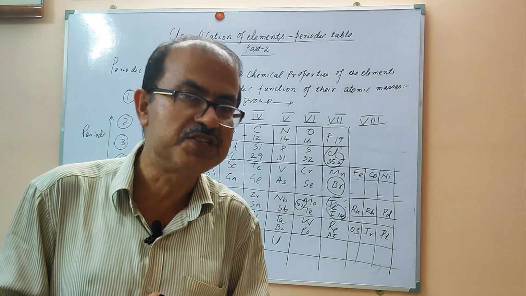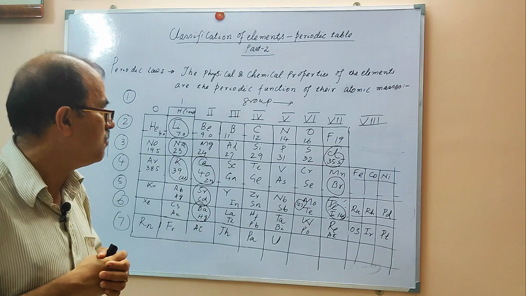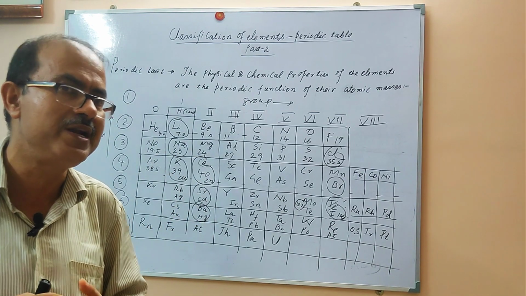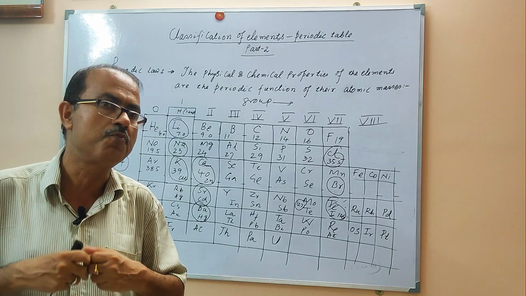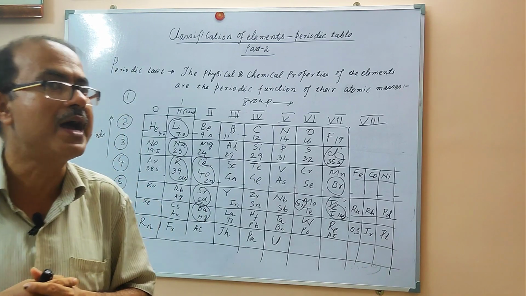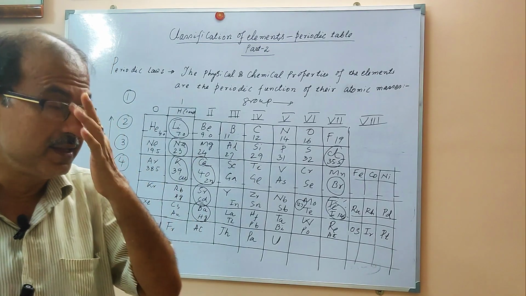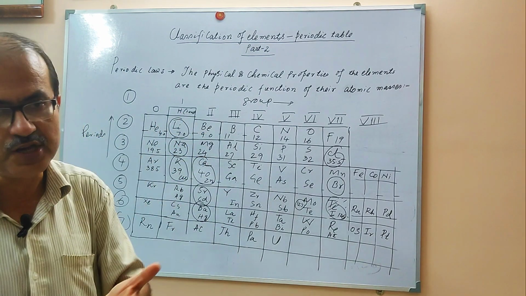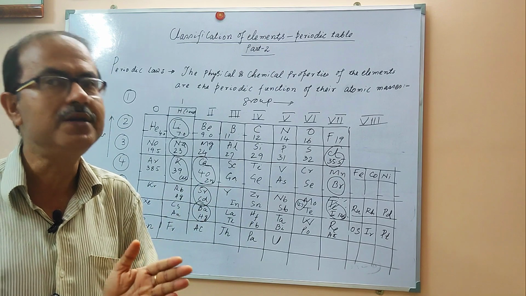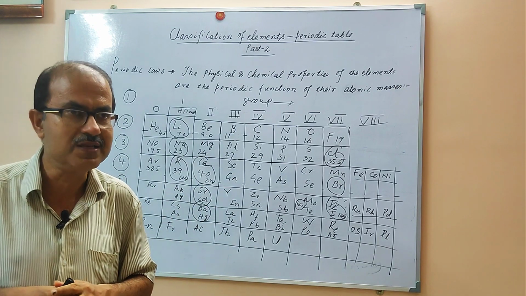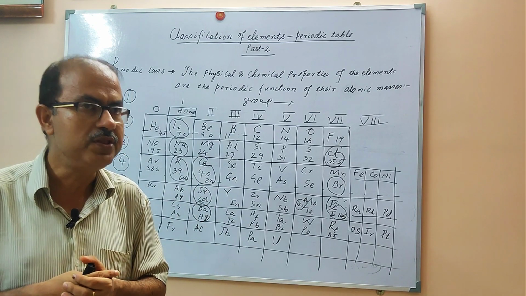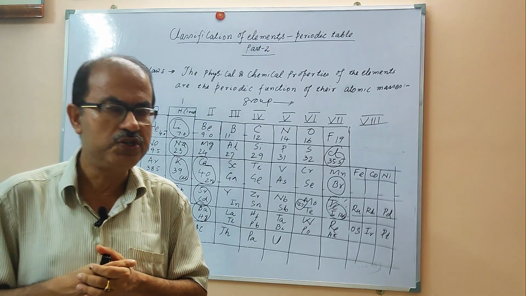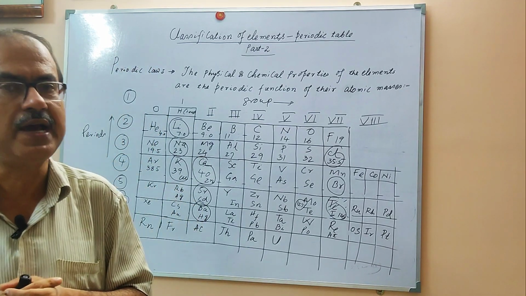Modern periodic law is basically when it was observed that atomic number is much more correlated with the properties of the elements than the atomic masses, and atomic masses were changed to atomic numbers. That we will discuss in the next video with some examples which may come in the examinations.